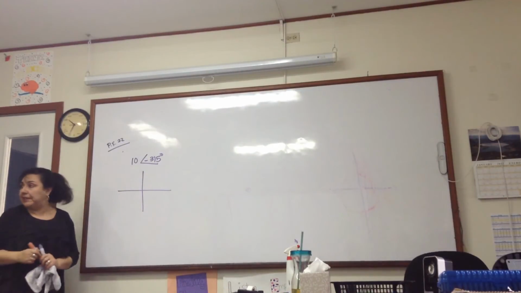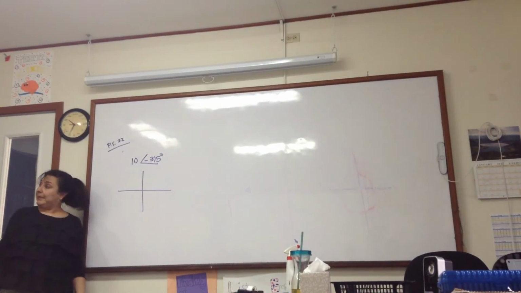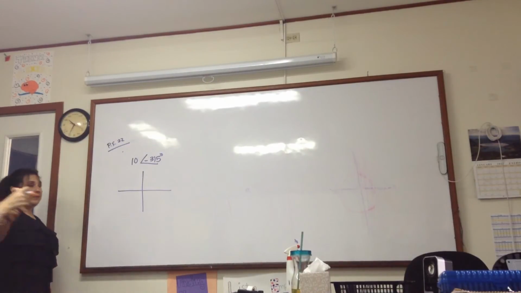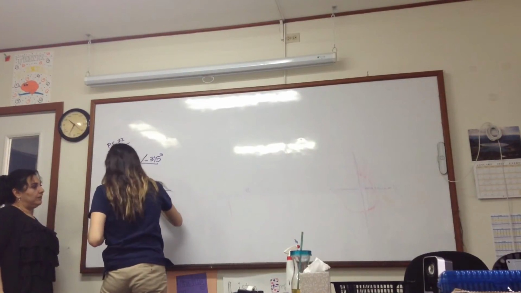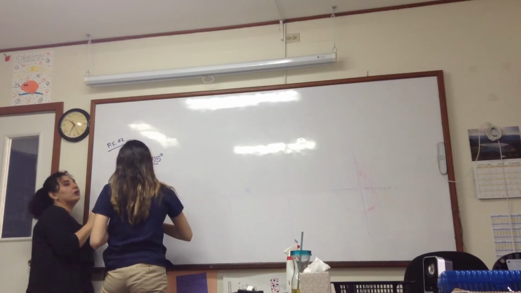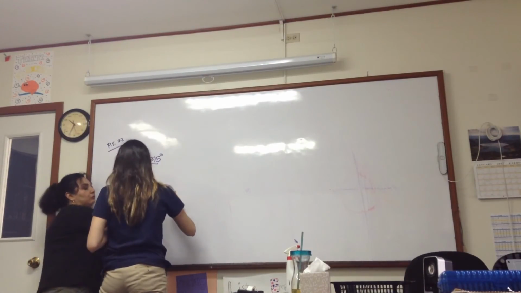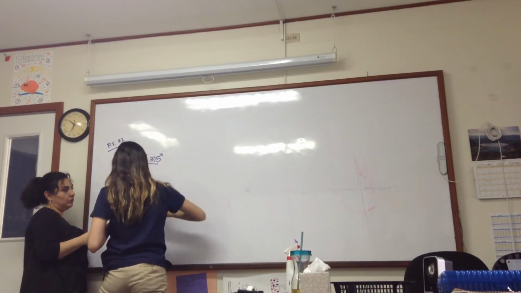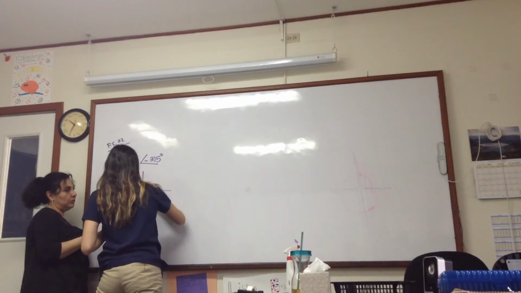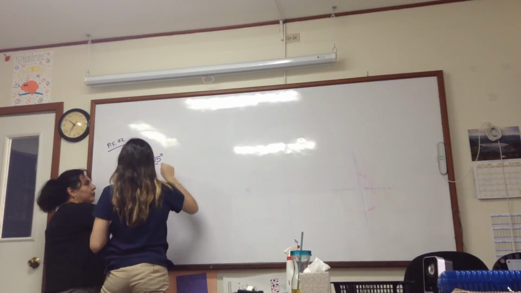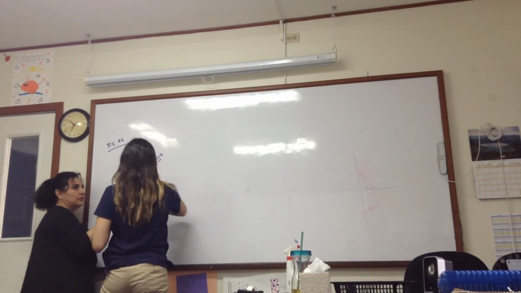You know that it's negative 315, so where is it going to be? Top right. Why? Because here's 360, but you start counting the other way. Okay, how much is this angle going to be?